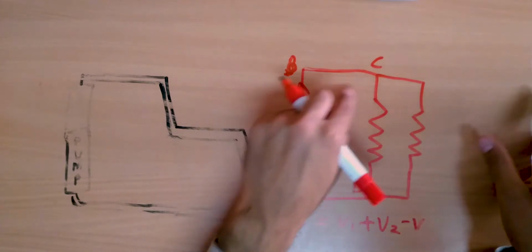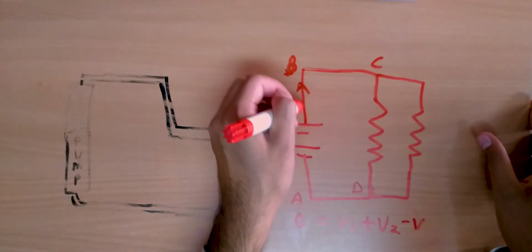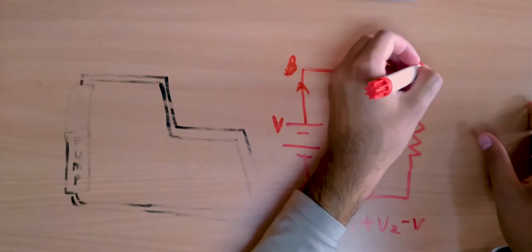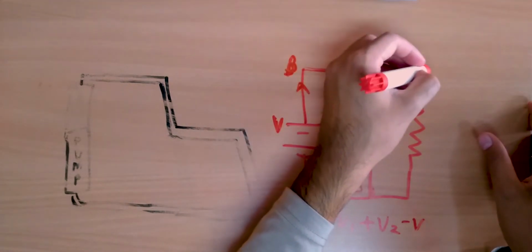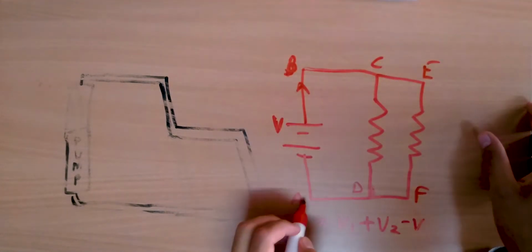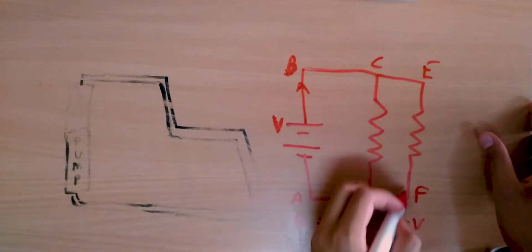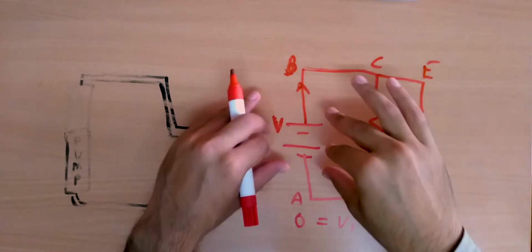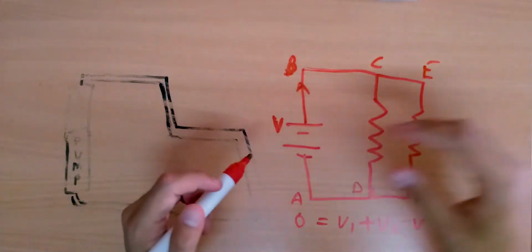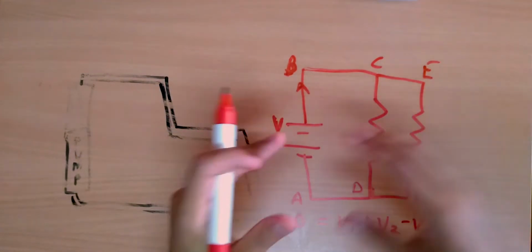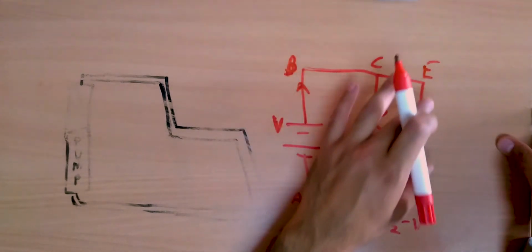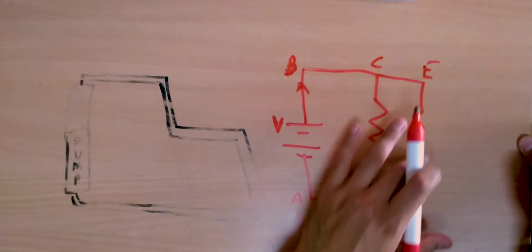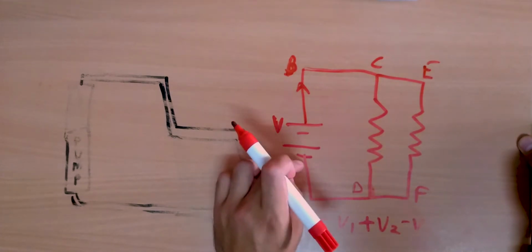And even if it goes through the second loop, let's say it moves from this point E to F and back to A, even then, if it gains V amount of energy for every coulomb, then that coulomb of charge has to lose that amount of energy as it moves back to the starting point.